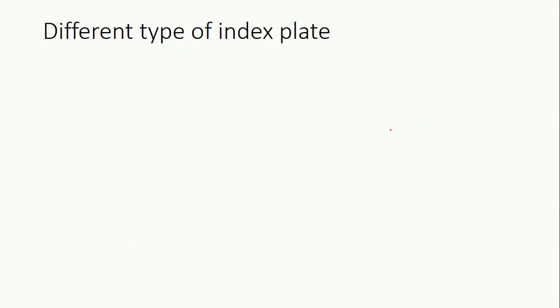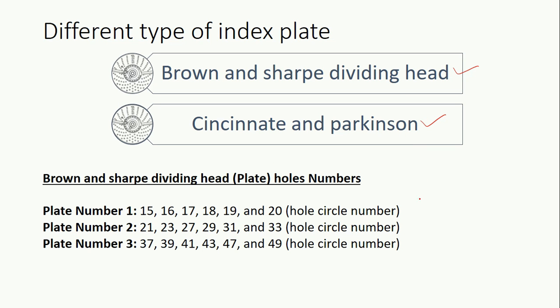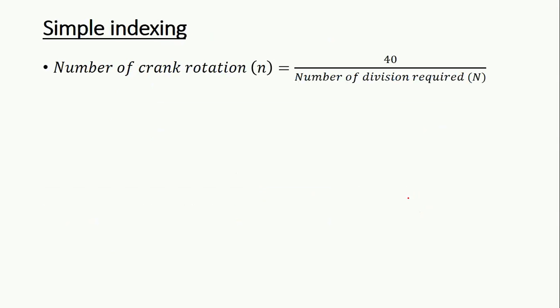Different types of index plates are there. The famous ones are the Brown and Sharpe dividing head and the Cincinnati dividing head. This is the plate number and the number of holes present in the dividing head or plate. This should be given in your question.